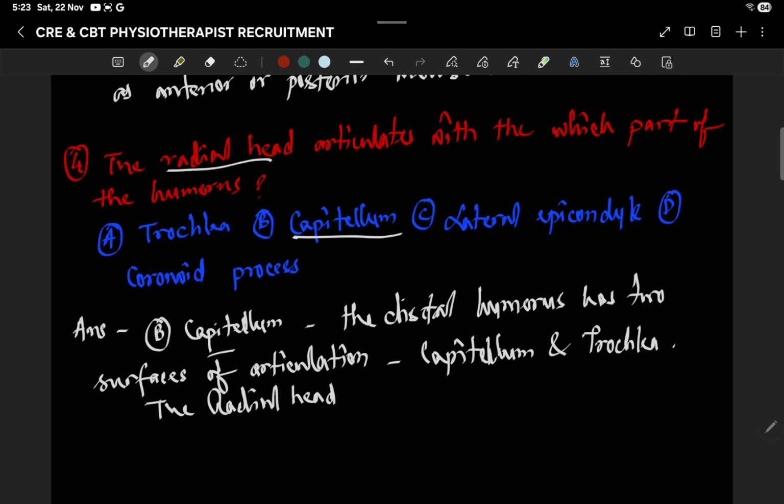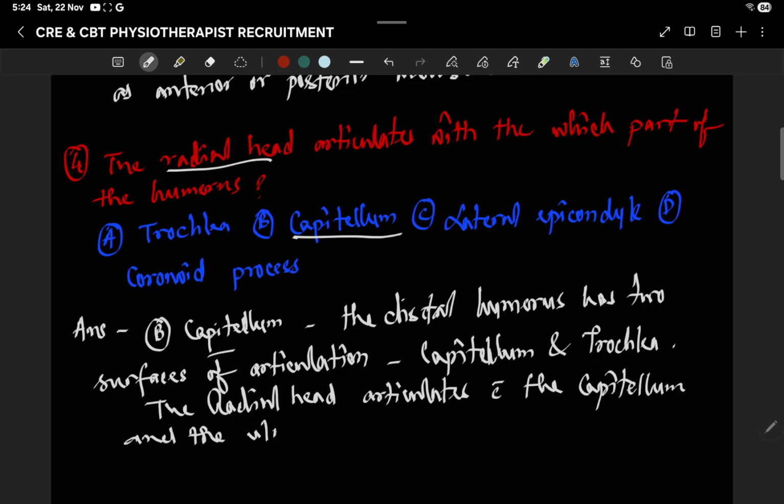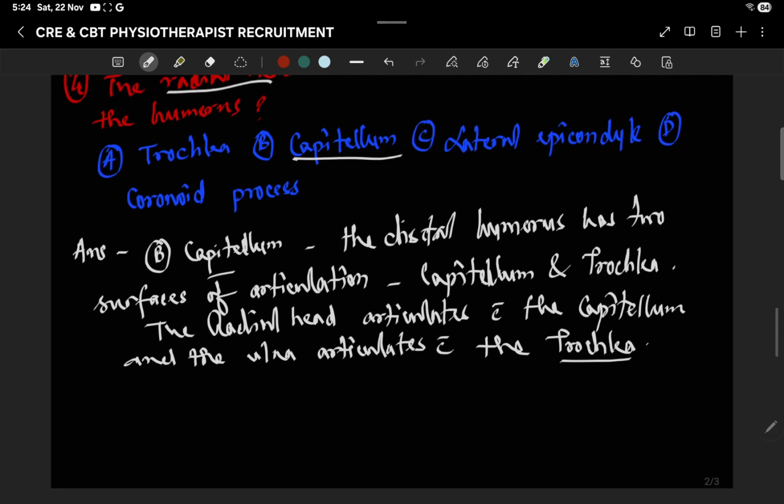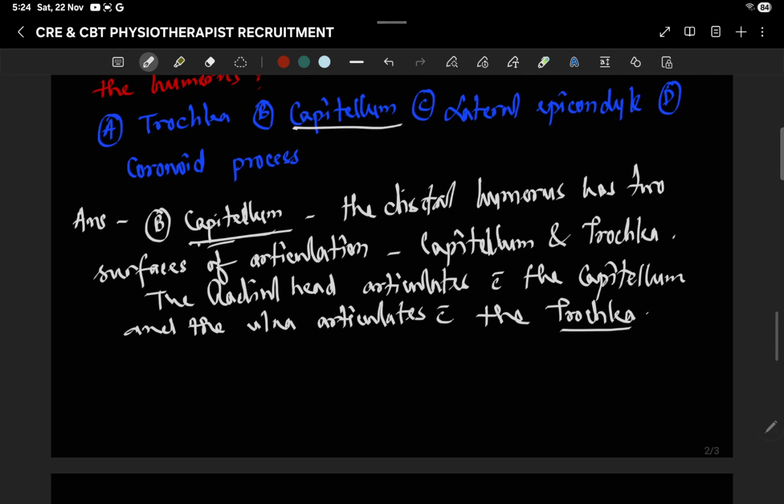The radial head articulates with the capitulum, and the ulna articulates with the trochlea. Okay, so here in the number 4 question, the answer is the capitulum.